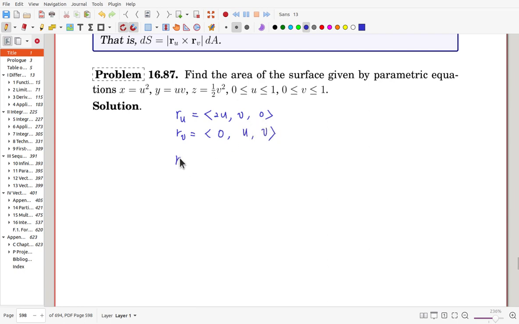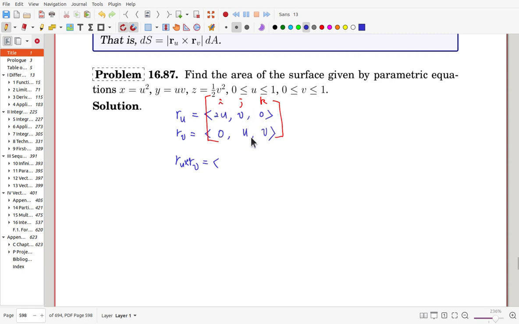Again, R sub u cross R sub v. In your mind, you are thinking i, j, k, and the extra rows, and here the matrix, okay? And for the first one, i, we eliminate this row and column, this product minus that one.